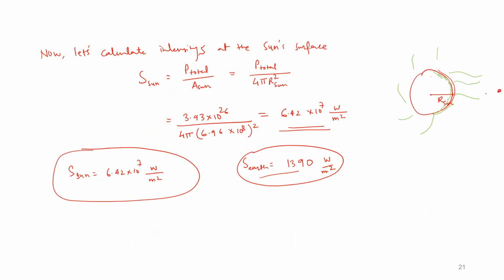The intensity of those waves is about 1.3 kilowatt per meter square. So in 1 meter square area of the earth, the rays that reach the earth's surface will have a power of about 1.3 kilowatt. But at the sun, it's a big number, 10 to the power 7 watt per meter square.